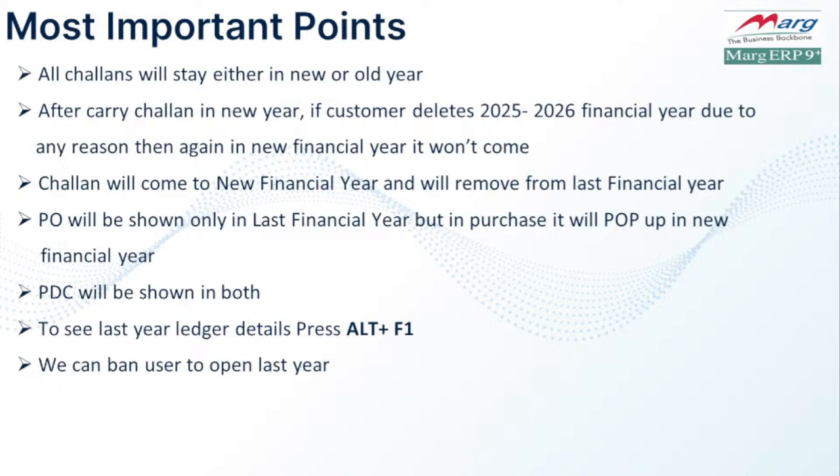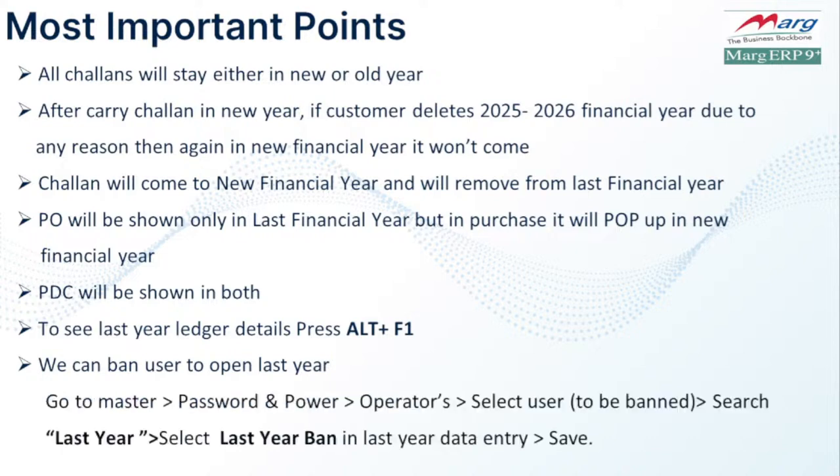We can also ban users from opening the last financial year. If you want that your user should not access the last financial year data, you can easily do that by going to Password and Power Operator. Select the operator which you want to ban from the last financial year access. Search for last year ban, select the drop down, choose last year ban and save the entry.